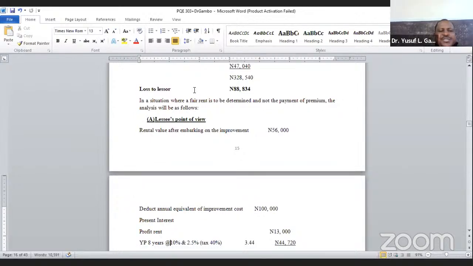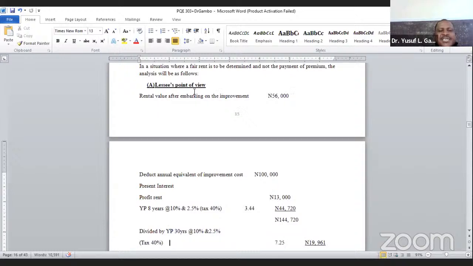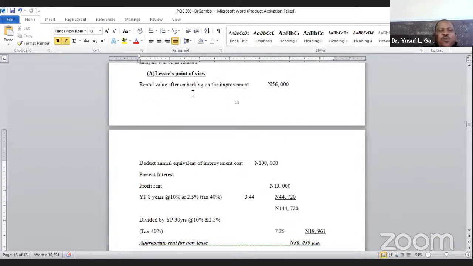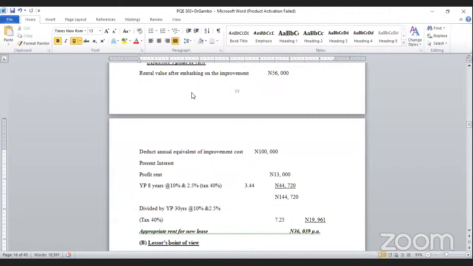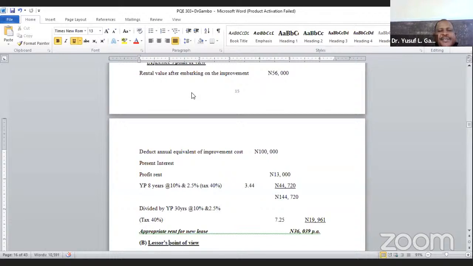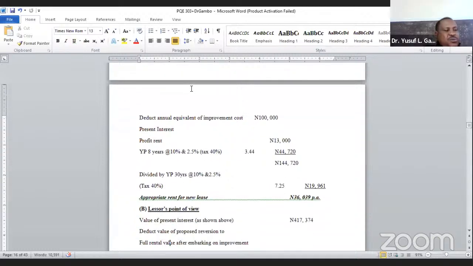Present interest, profit rent, 13,000. YP for years at 10% of this, 3.44. You have 44,000. When you add up, you have 144,720.